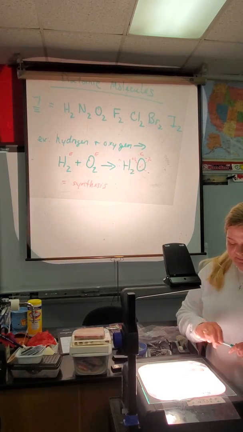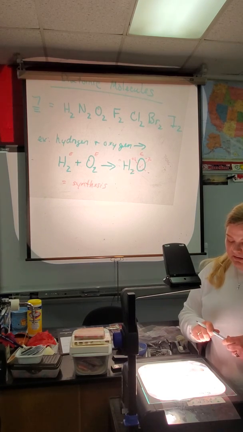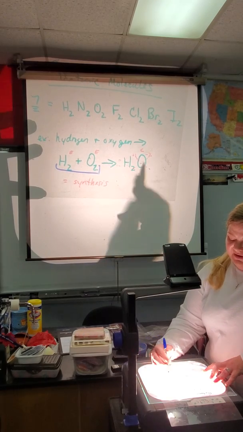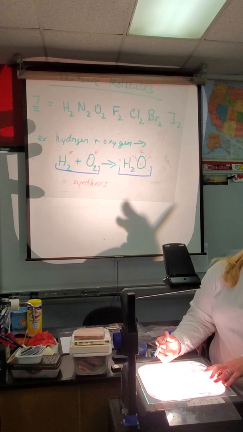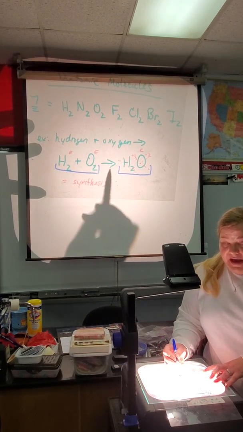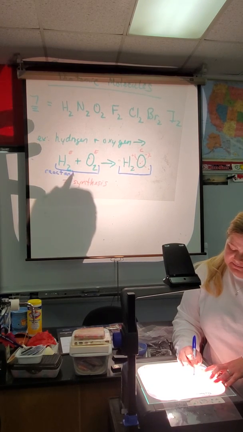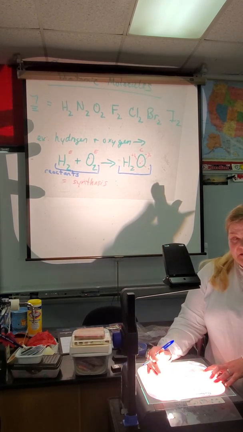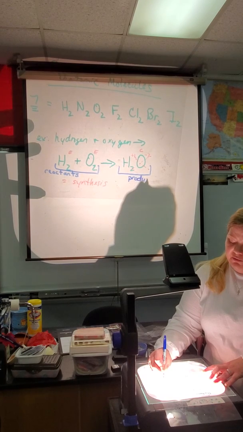Another thing, while we're here with this, you have the elements on this side of the equation. And you have an element on this side of the equation, or compounds. Everything to the left of the arrow is called reactants. Everything to the right of the arrow is called products.